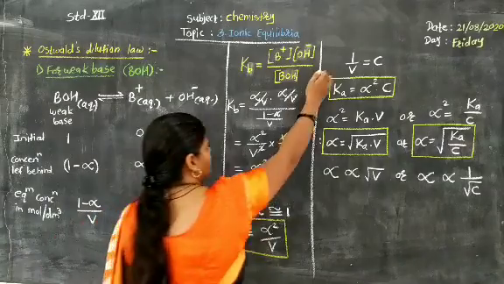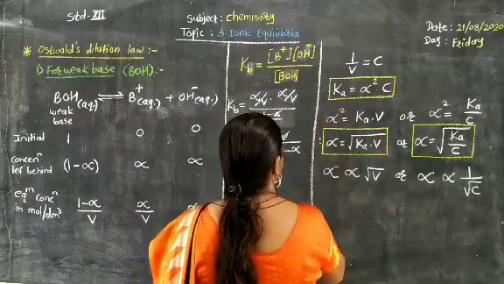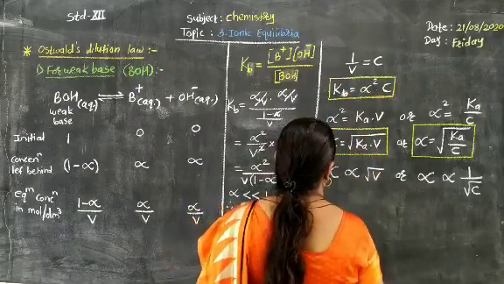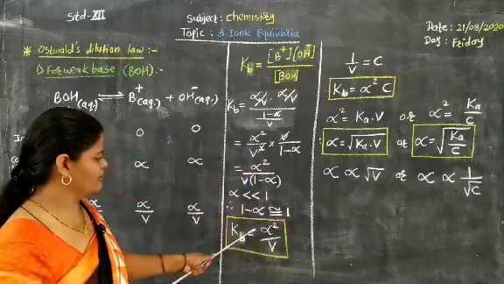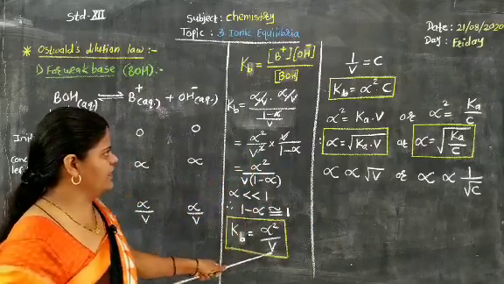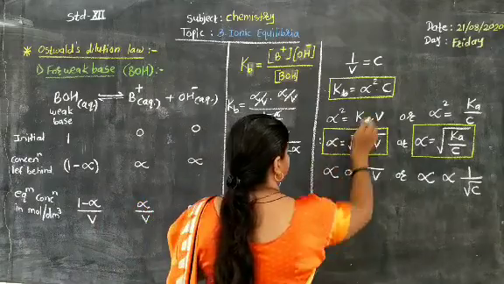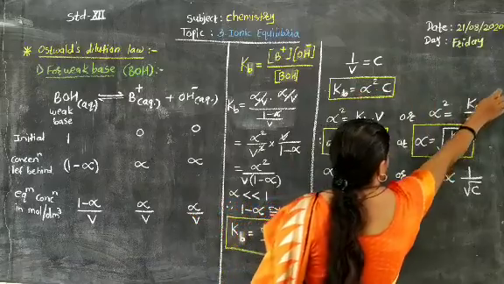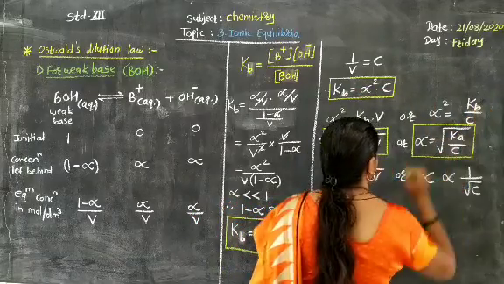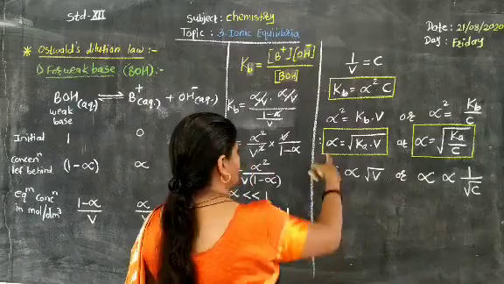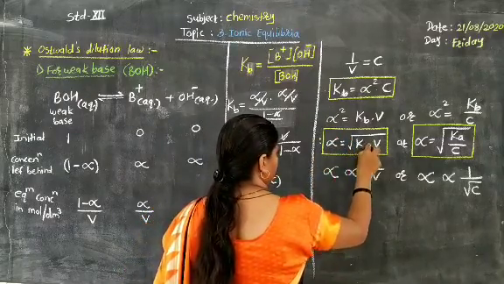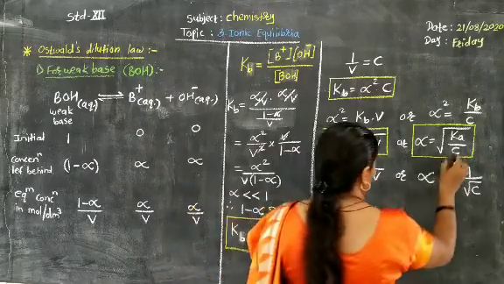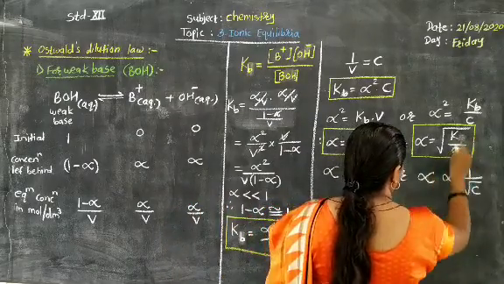Again 1 upon V is equal to concentration, hence we can write Kb is equal to alpha square C. That means from the first formula, alpha square is equal to Kb into V, and from the second formula, alpha square is equal to Kb upon C. By taking square root of both sides, alpha is equal to under root Kb into V, or alpha is equal to under root Kb upon C.